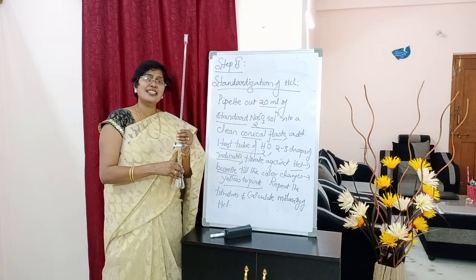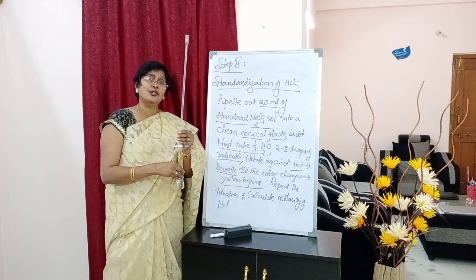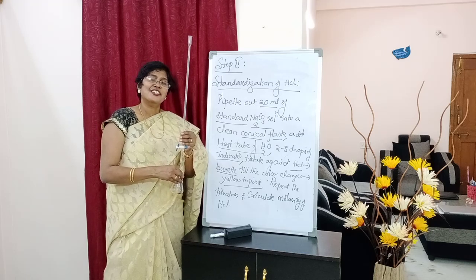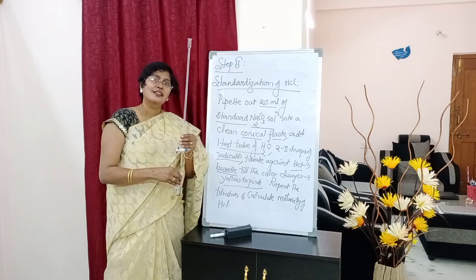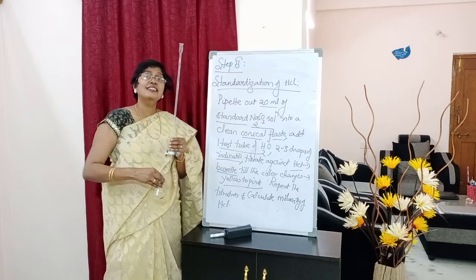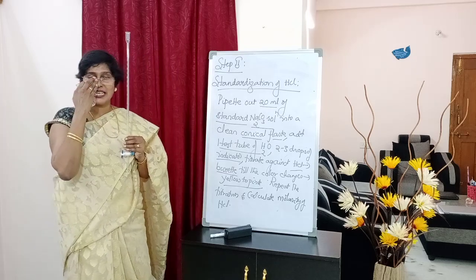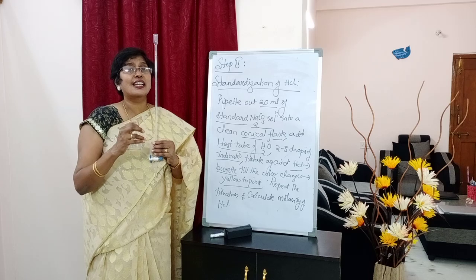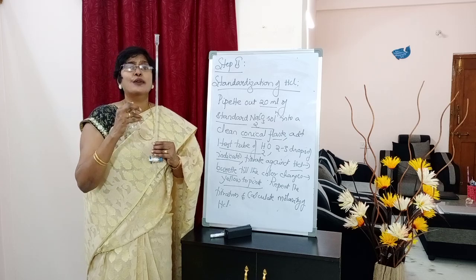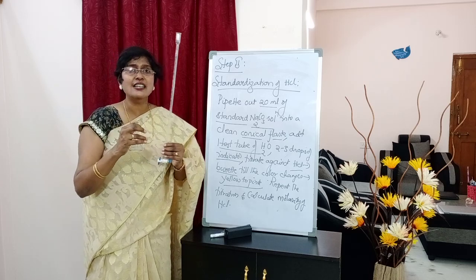Now HCl starts reacting with Na2CO3. Now we don't know when the reaction is completed, that means when HCl and Na2CO3 are neutralized, that means when the end point is reached.